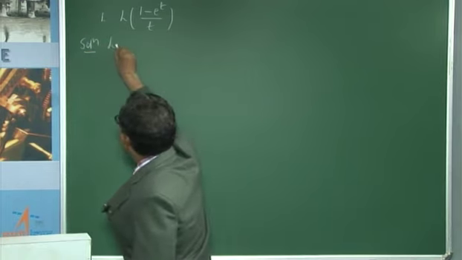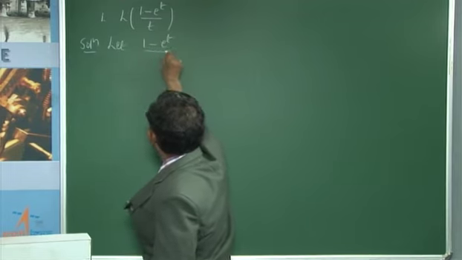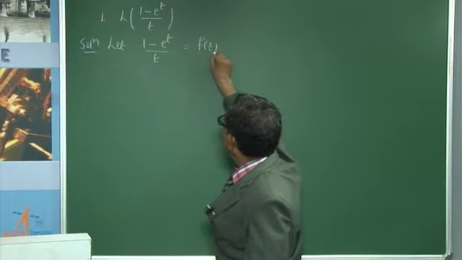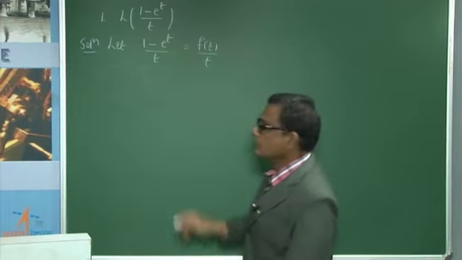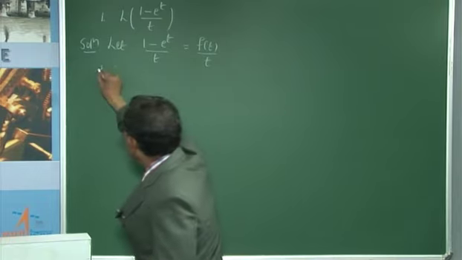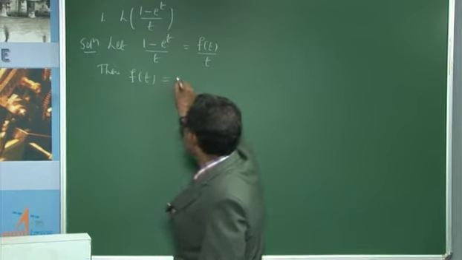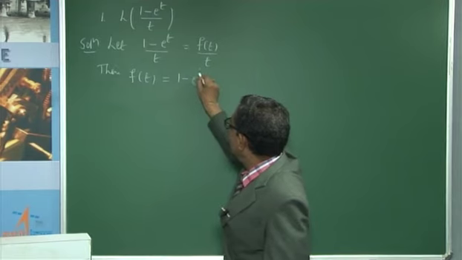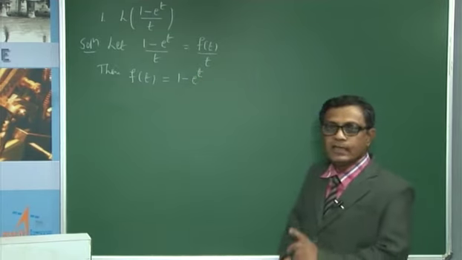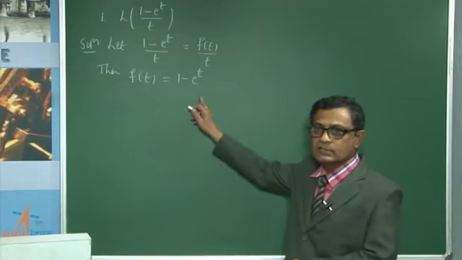Let 1 minus e raised to t by t be equal to f of t by t. Then what is f of t? F of t is 1 minus e raised to t. For the function f of t, you have to find its Laplace transform.